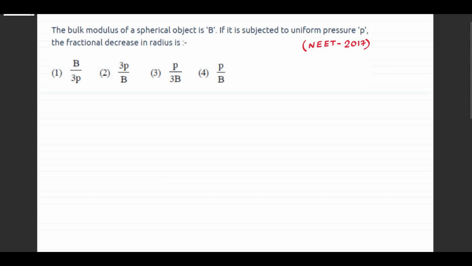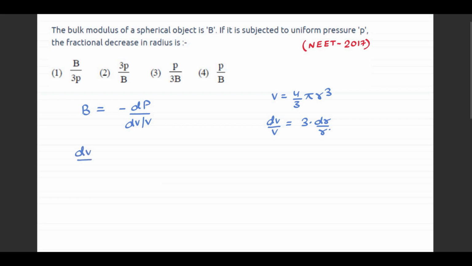Now this question is from NEET 2017. In this question, I need to use the definition of bulk modulus. I know bulk modulus is defined like this. For a spherical body, volume is 4 by 3 pi r cube. So if I use the differential form, I will get this.